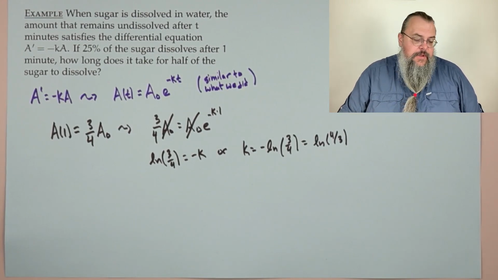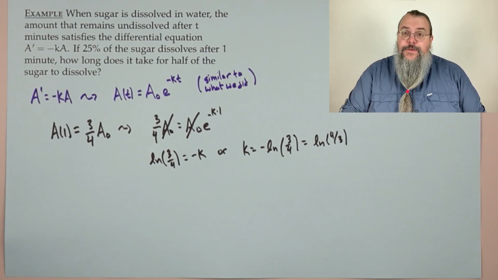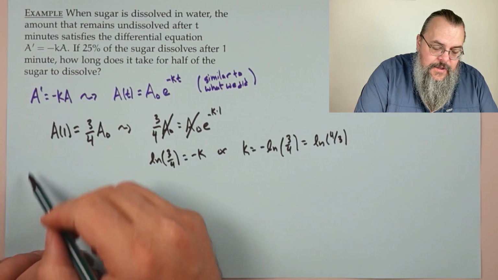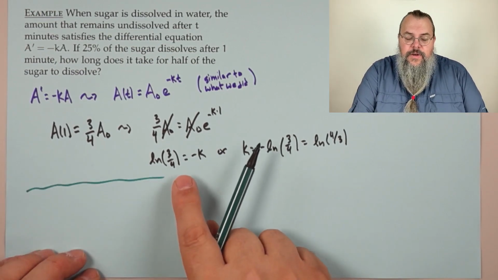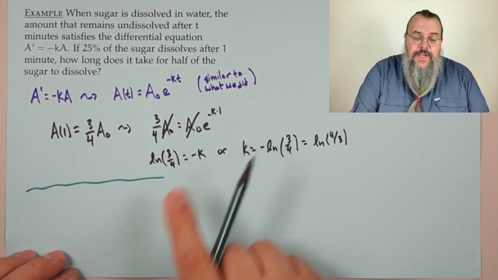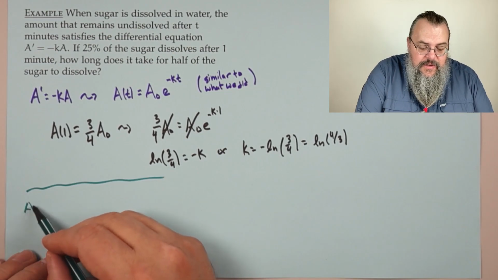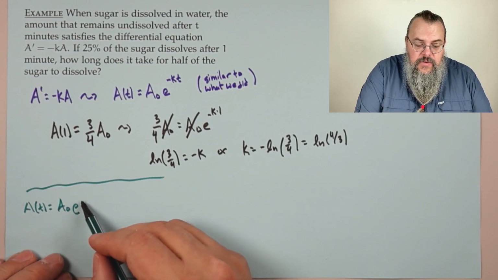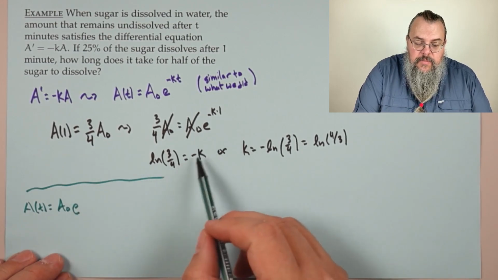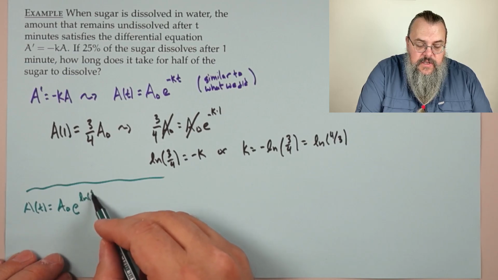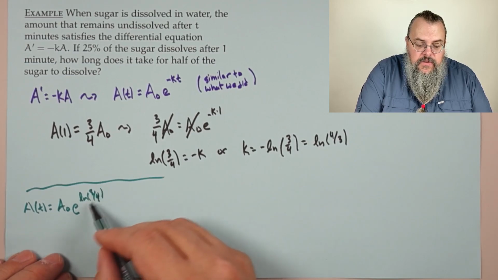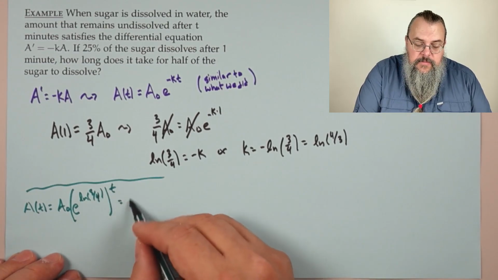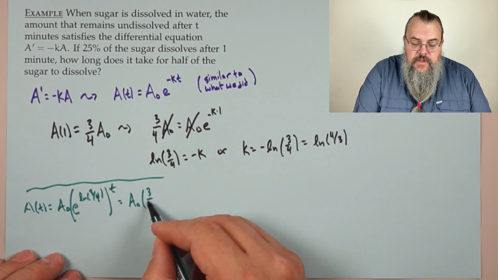Now, what comes next? Well, there's a couple things we could do. One thing we could do is say, look, we know minus k is log of 3/4. What does that tell us? It tells us that A(t) is A0 e to the, replace minus k by log of 3/4, to the t, but then I can bring the t out here, and so it becomes A0 times 3/4 to the t.